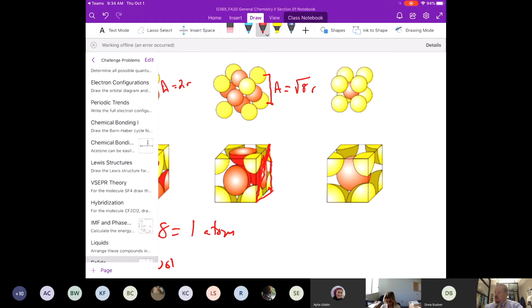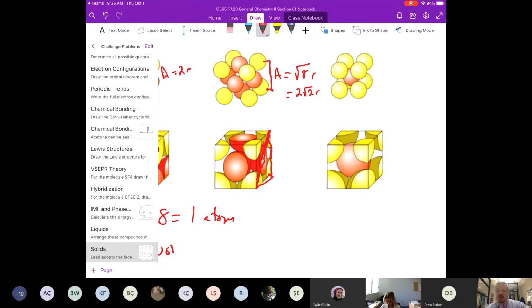Or you will also see that if we reduce it as 2 square root of 2R. Either one of those is appropriate. The geometry or the algebra to get that number isn't that hard to do if you want to do it, but I'm just going to say that that's the result.